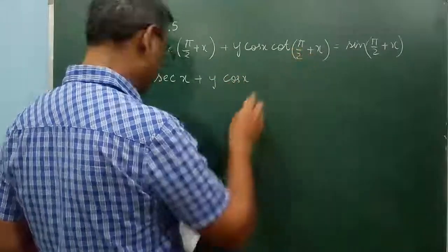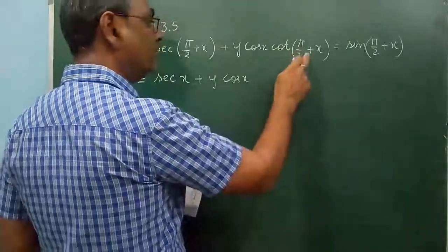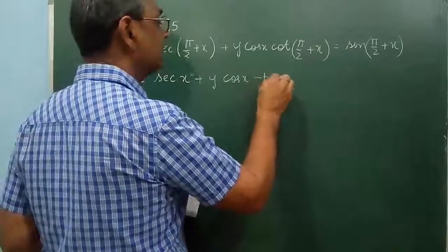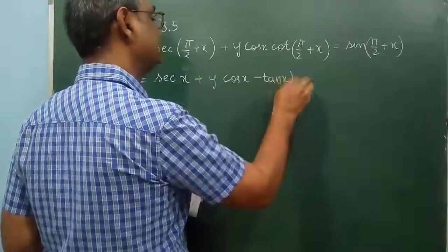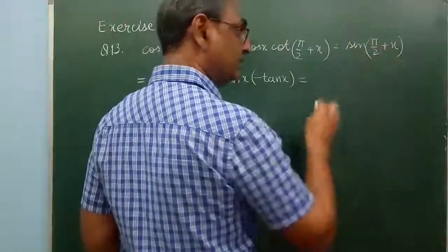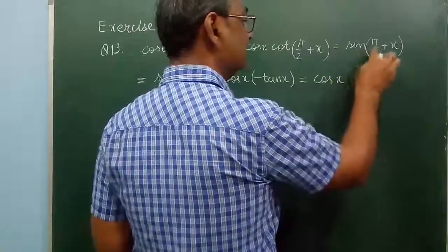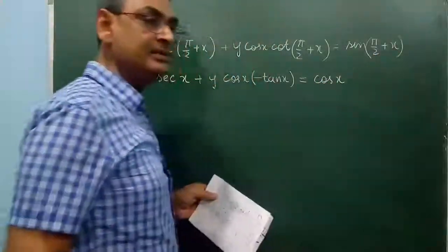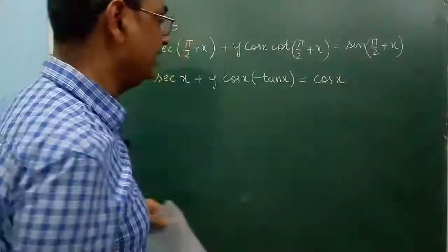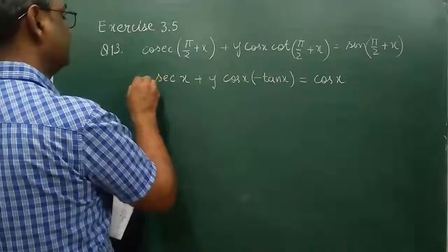This is second quadrant, and cot(90 plus x) will be minus tan x, is equal to, this is second quadrant and it is cos x. Sin(90 plus theta) is cos theta, and sin is positive in the second quadrant. So this implies.